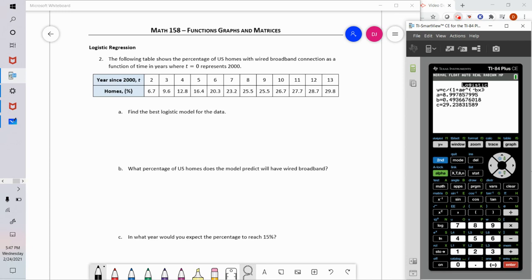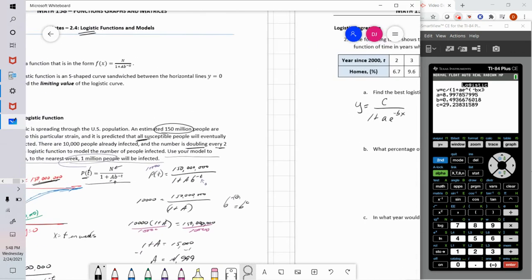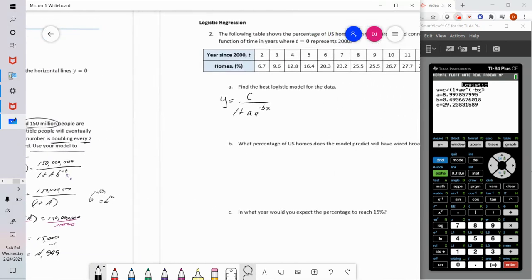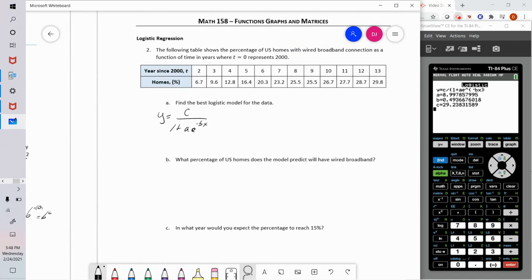Notice the calculator indicates that it's y equals c divided by 1 plus a times e to the negative bx. In the previous problem we said that this is a b value, and over here we say that it's e to the b. Don't sweat it. Just make sure that with the calculator you put the correct values in the correct place.